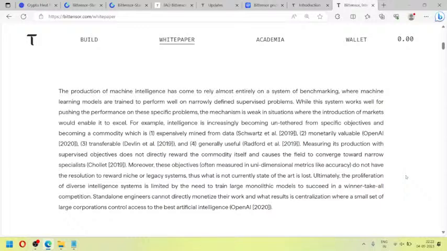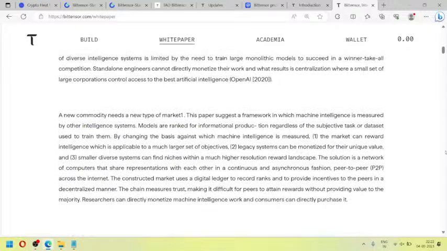Ultimately, the proliferation of diverse intelligence systems is limited by the need to tie large monolithic models to succeed in a winner-take-all competition. Standalone engineers cannot directly monetize their work, and what results is centralization, where a small set of large corporations control access to the best artificial intelligence, like OpenAI.